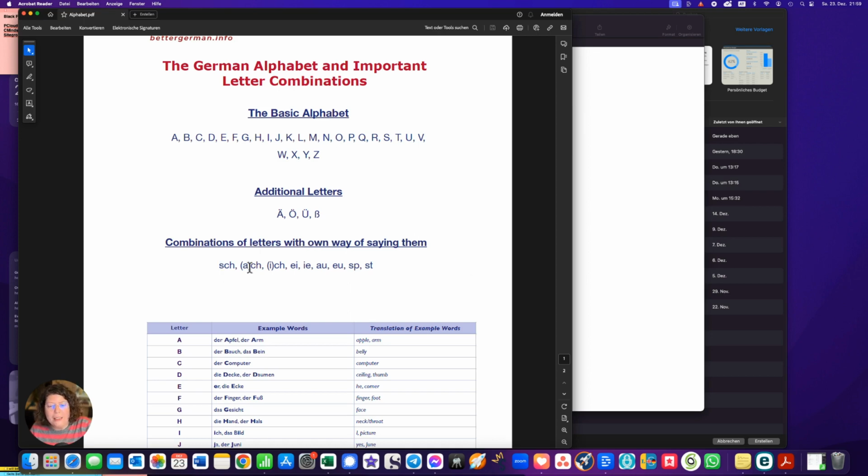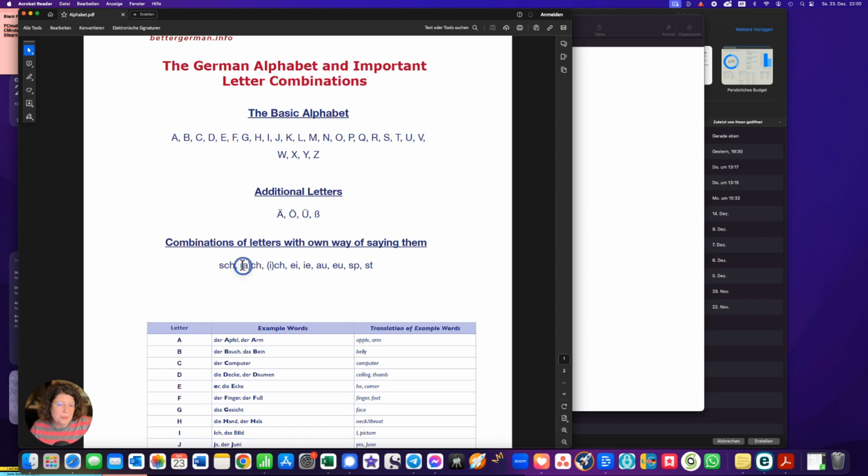Then the letter combination CH can have two slightly different ways of saying it. After an A or a U, it's pronounced like a sound that in English doesn't really exist, but in Dutch, for example, we have it, and in the Arab countries we have it, and so on.